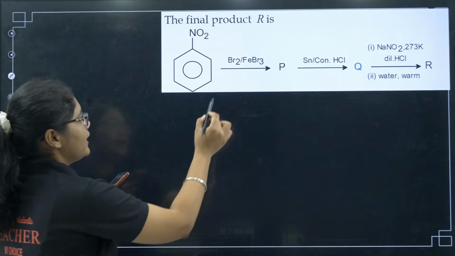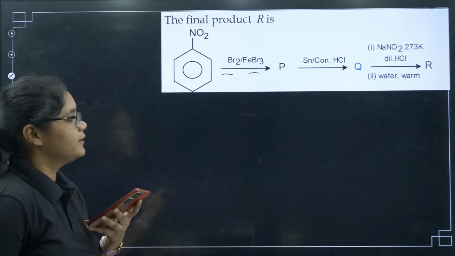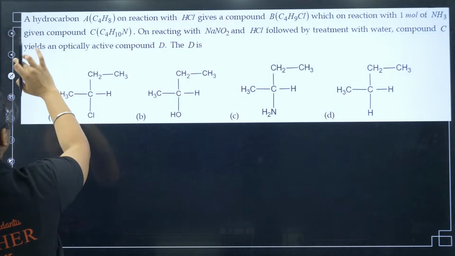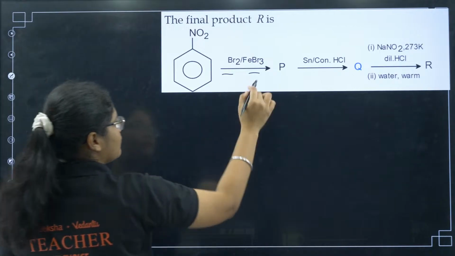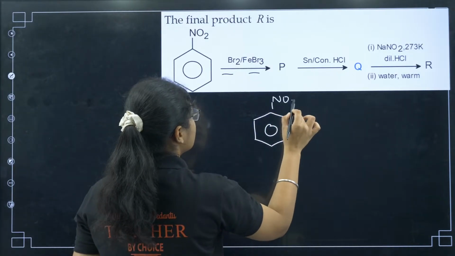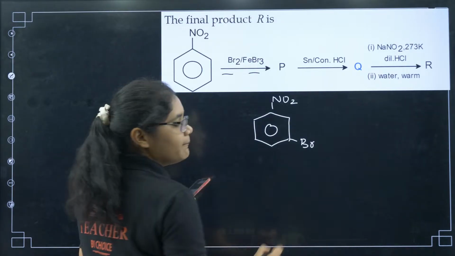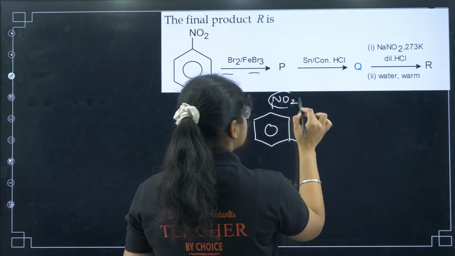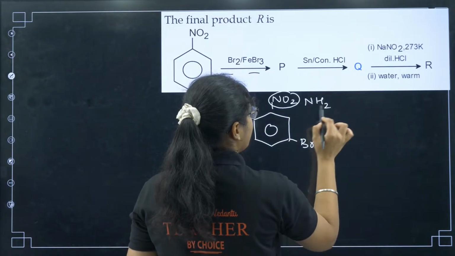Next question: NO2, Br2, FeBr3. So what will be the product first, P? Have I given options here? No. Okay, let's do it quickly. P will have NO2, and Br will be added at the meta position because NO2 is meta directing. With Sn/HCl, this one will get converted to NH2.